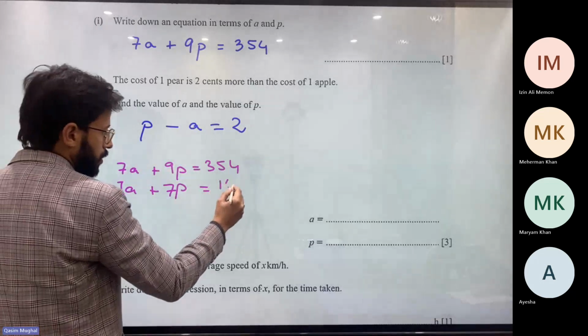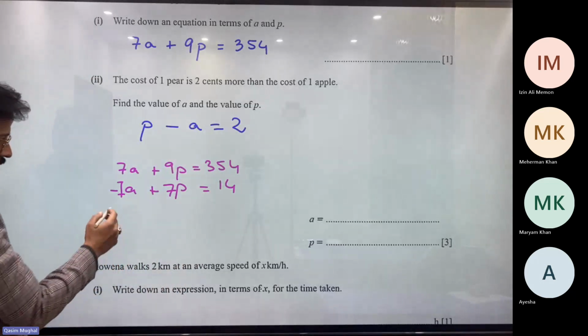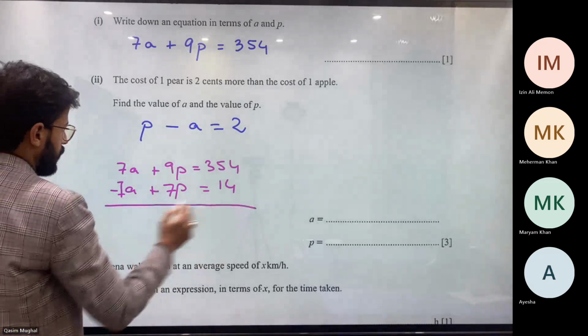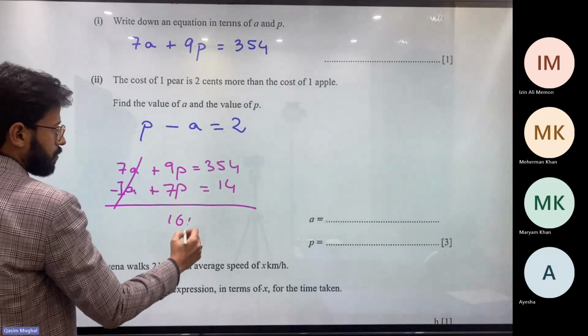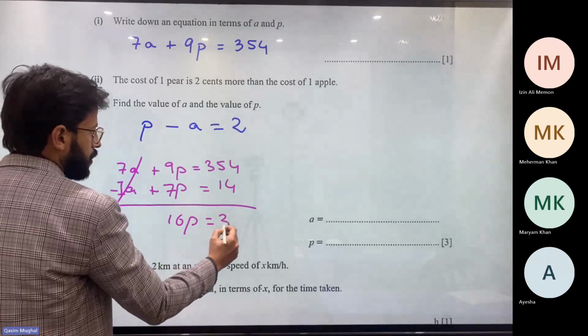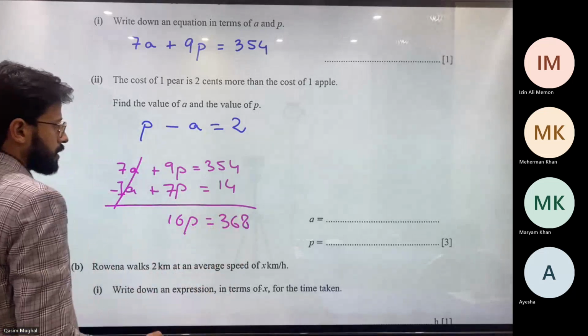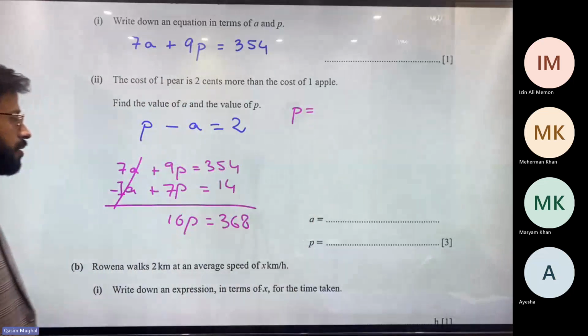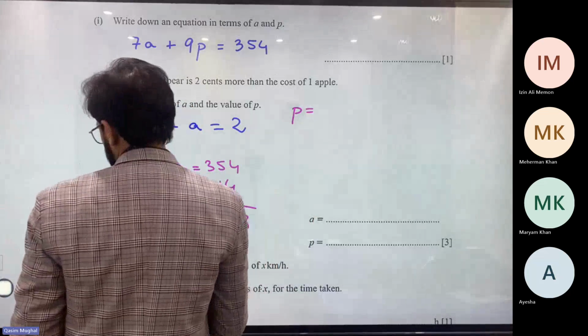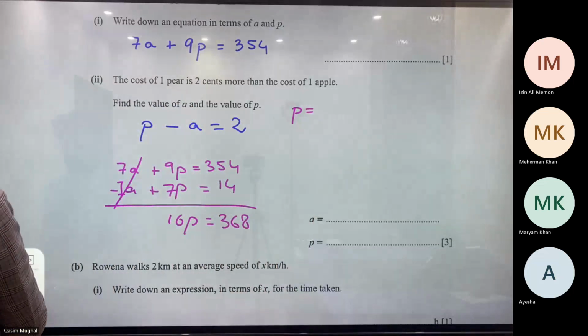I am doing this in the next step to save time and space. Then add them up. 16P equals 368. From here you will get the cost of each pear. P equals 368 divided by 16.